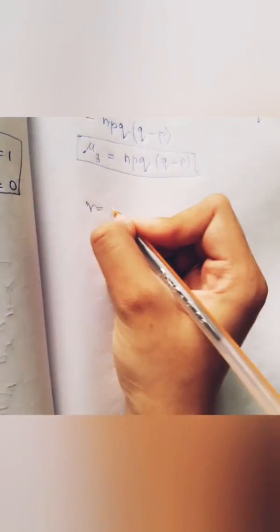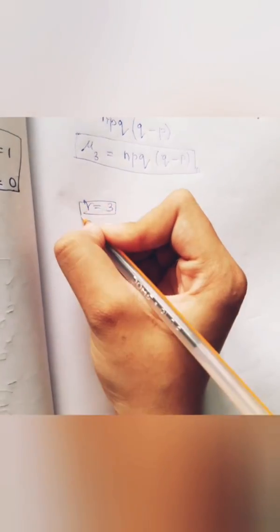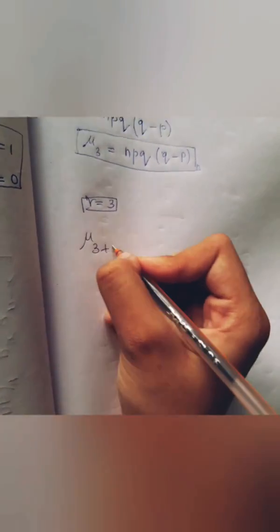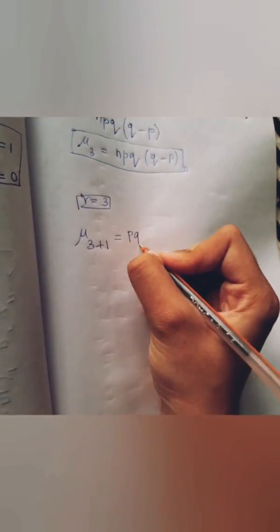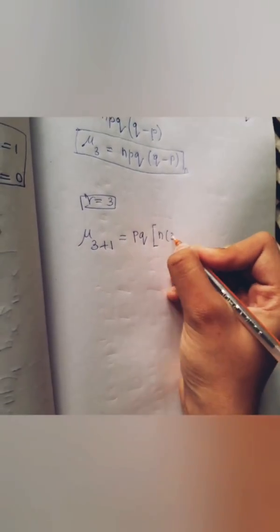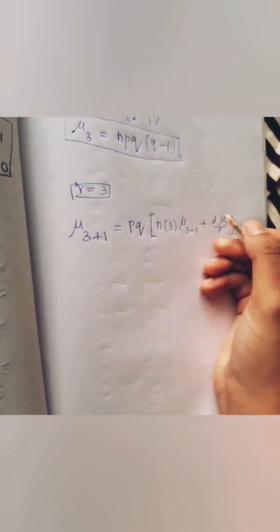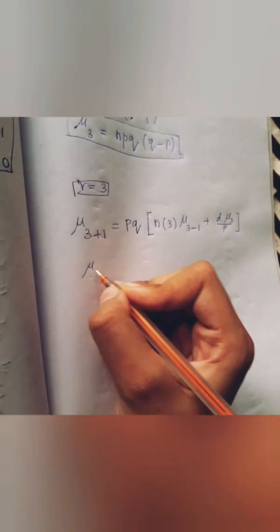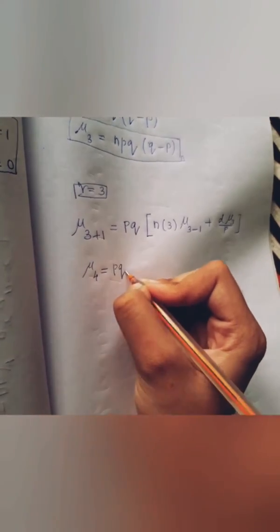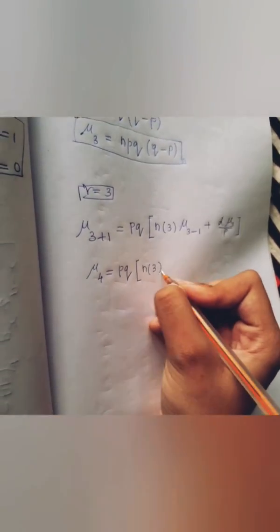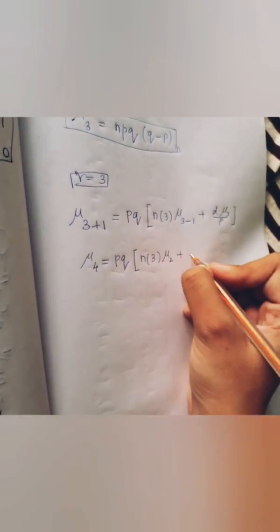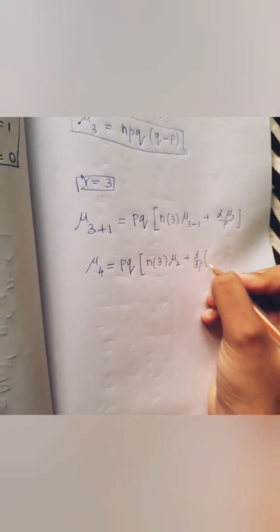Then proceeding like this, for r equal to 3, it becomes mu 3 plus 1 is equal to pq into n into 3 mu 3 minus 1 plus d mu 3 divided by dp. Then 3 plus 1 becomes mu 4 is equal to pq into n into 3 mu 2 plus d by dp.